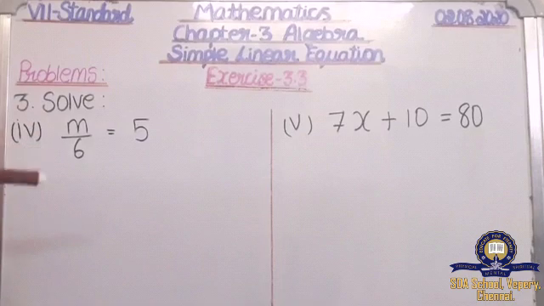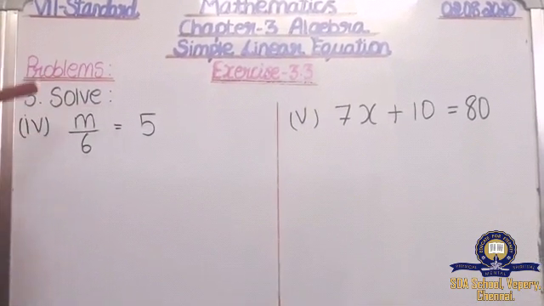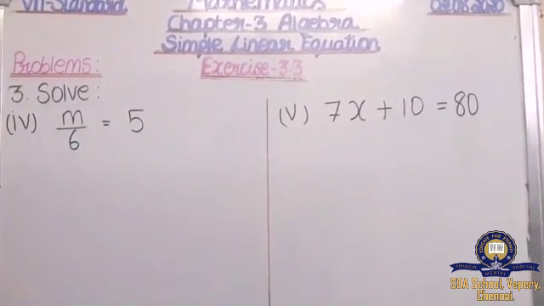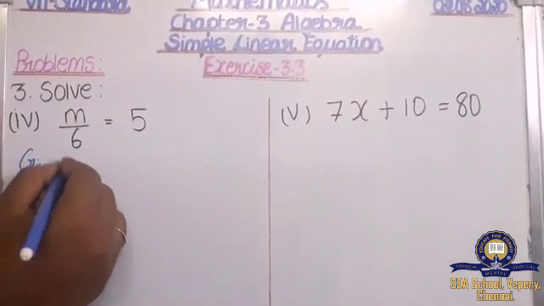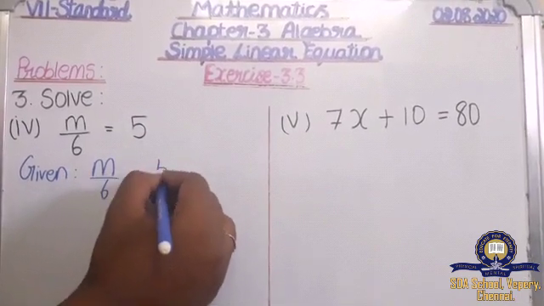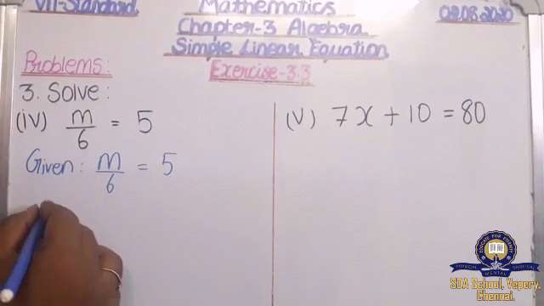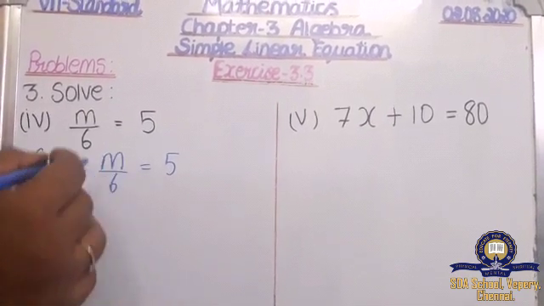Now, we move on to our next problem. m by 6 is equal to 5. Here, we need to find the unknown variable. The unknown variable given here is m. So, first we need to write the given. Given m by 6 is equal to 5. Here the unknown variable is m, so keep it on the left hand side. Now 6 is a division.